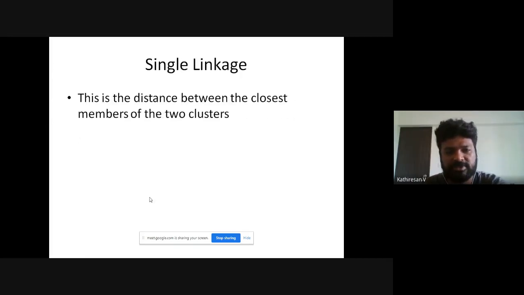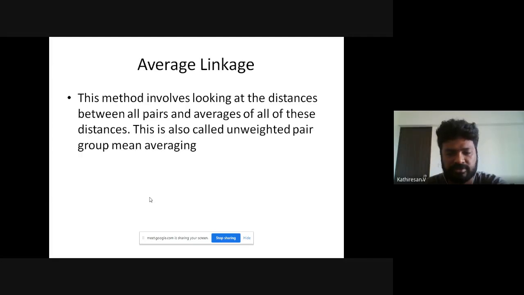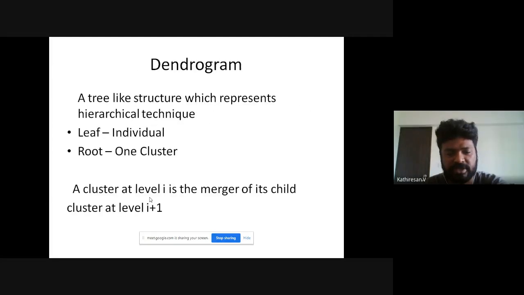Single linkage is the distance between the closest members of two clusters. Complete linkage is the distance between the members that are farthest apart. Average linkage is also there, and then the dendrogram. Whenever we talk about a dendrogram, it is a tree-like structure which represents the hierarchical technique.